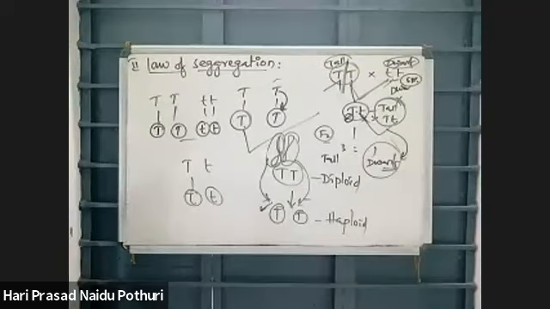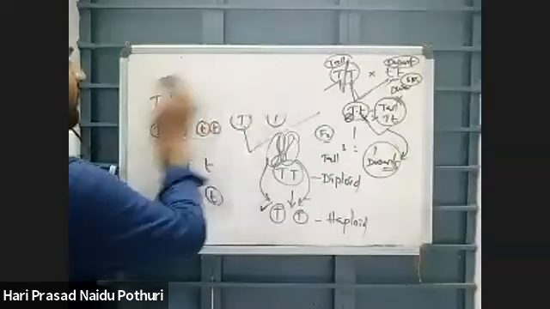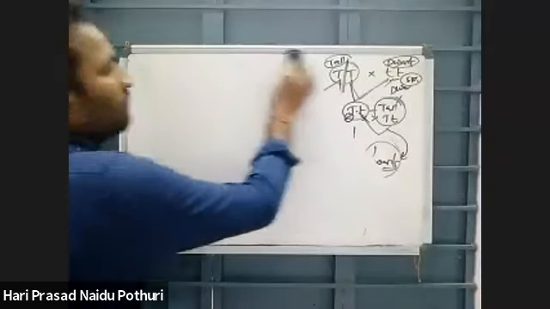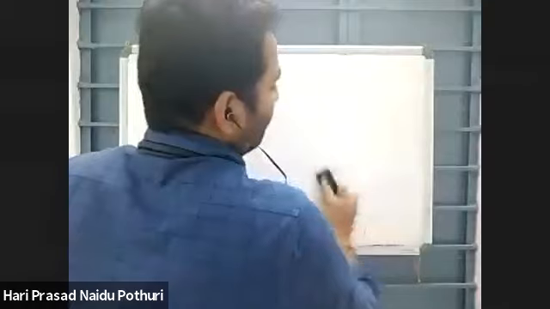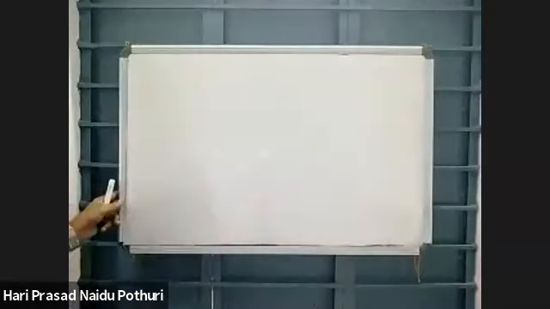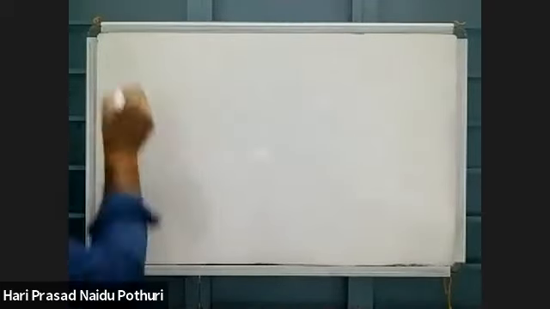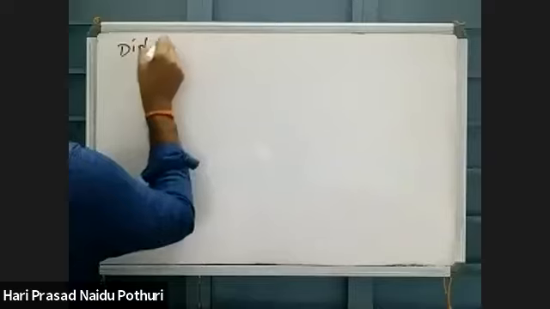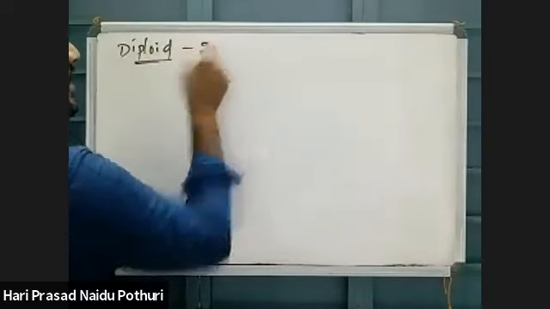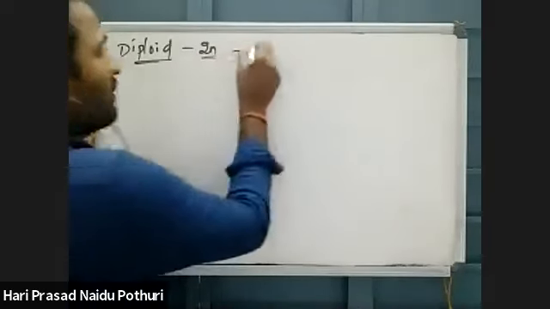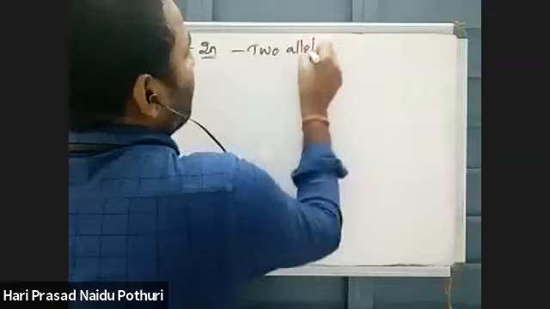See here, in detail, if you see the law of dominance, then we can understand. What is the concept of dominance? For better understanding between the dominant and recessive characters, let us assume normally a diploid organism has 2n condition. 2n condition means each chromosome has a copy, that means two alleles are there.